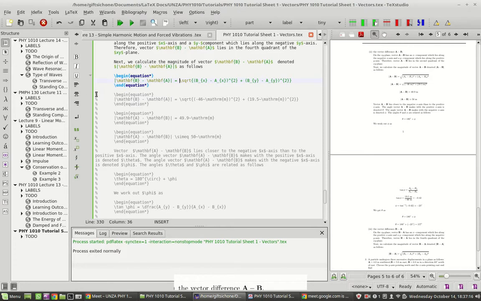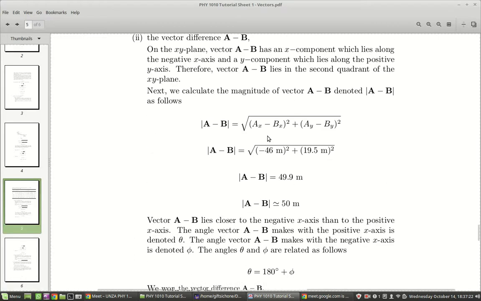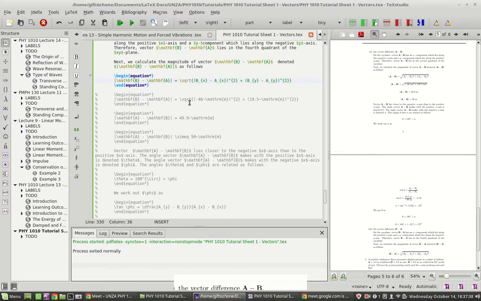So when we do that, the x component of b minus a is 46, and the y component is minus 19.5. So between a minus b and b minus a, things have kind of flipped, so we try to take note of that.